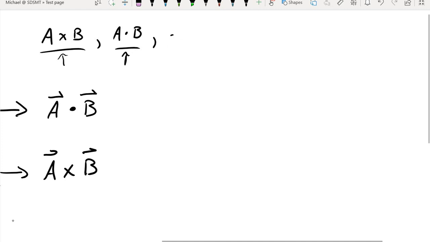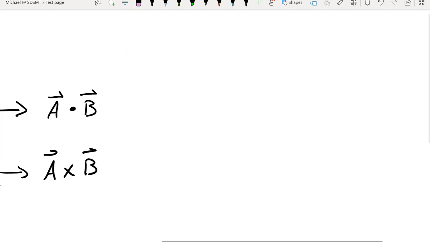So we're not going to be using that last case unless we are dealing just with the magnitudes of the vectors themselves. If you get rid of the direction aspect of the vector, then you're just working with magnitudes, just numbers. In that case, you can do regular algebra all day long.